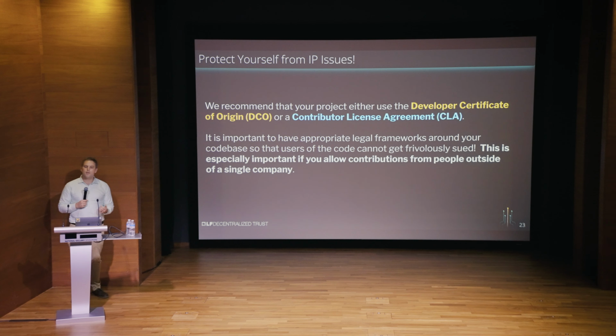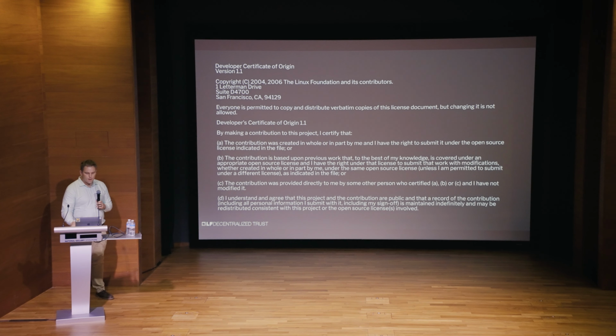To protect yourself from this, we recommend that you use the Developer Certificate of Origin, the DCO, or a CLA. This is really important if you have contributions from people outside of your company. So if you're working on a code base and you have a helpful contributor, it may seem annoying, but you really need to get them to sign a DCO or a CLA, or you could potentially be in a lot of trouble later on.